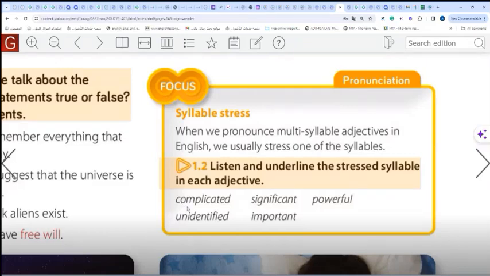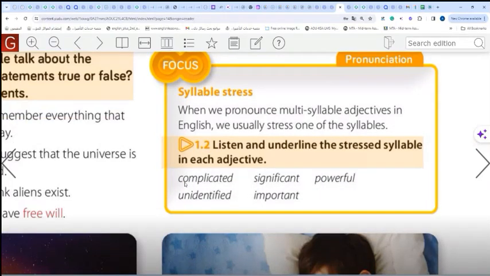Okay, good. That's great. So what about when I say significant? The second syllable, yes. What about powerful? Is it full or power? Power.